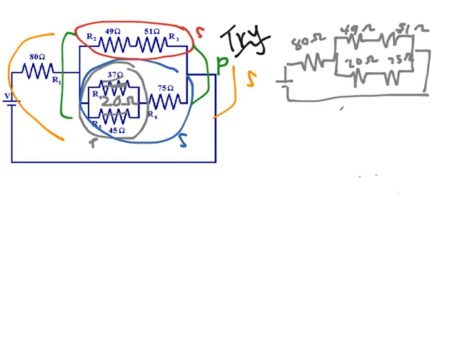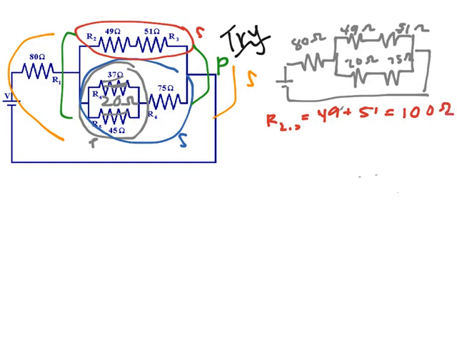Alright, and then you have these two in series. R2,3 is equal to 49 plus 51, which hopefully you know is 100 ohms.